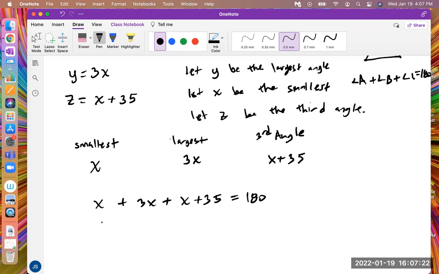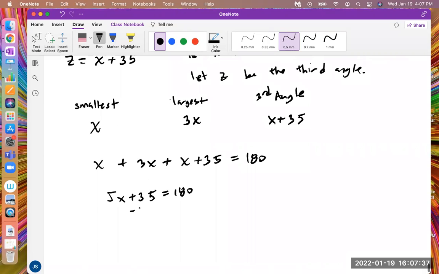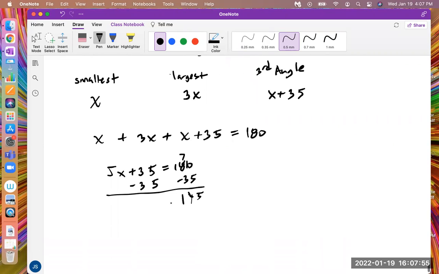So I have x, I have 2 x's here plus 3 x's, I have 5 x's plus 35. I subtract, I have 145, it looks like, is equal to 5x, okay?